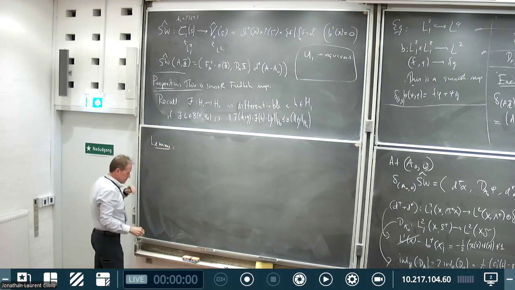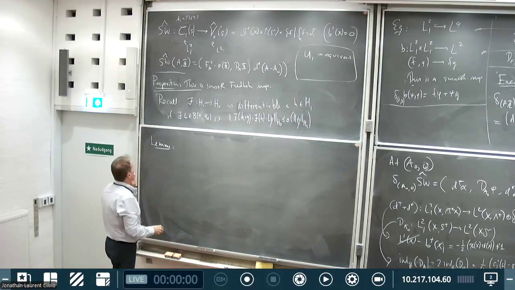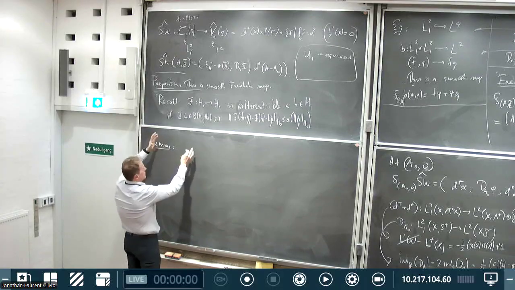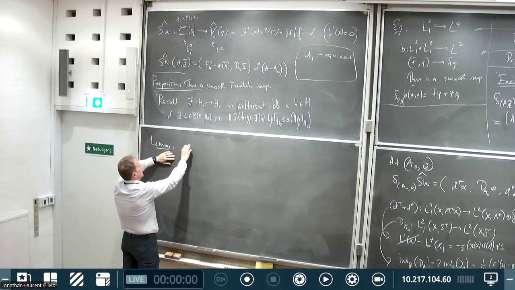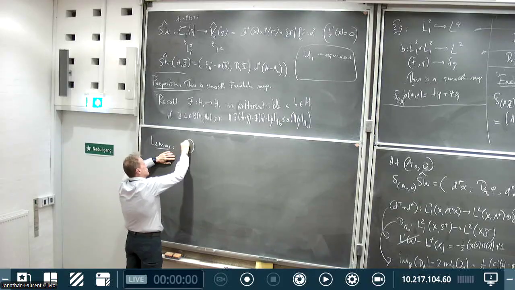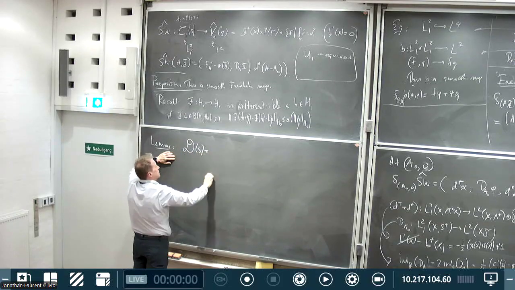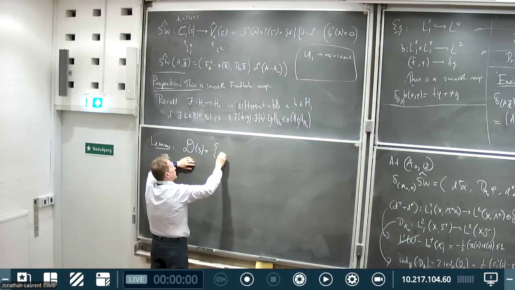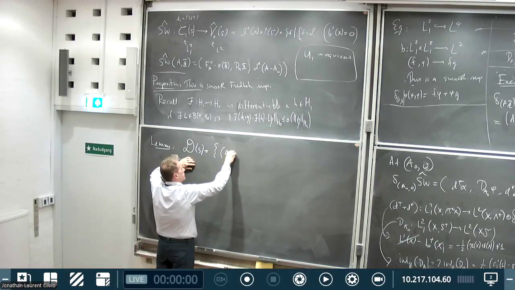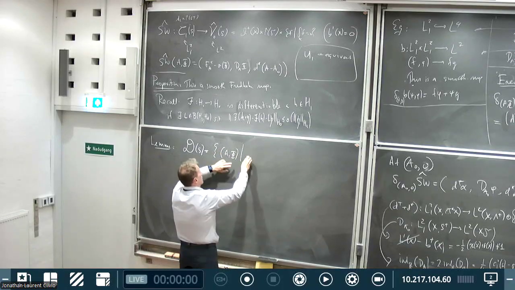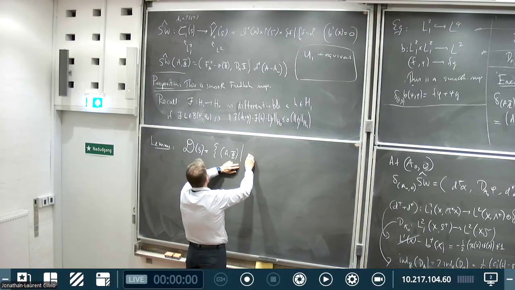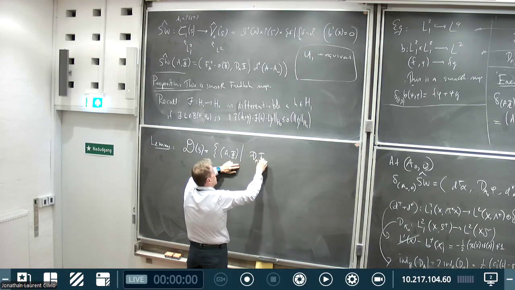It's not too hard to do as far as it goes, but let's write the configurations of A and phi that are solutions to the Dirac equation.